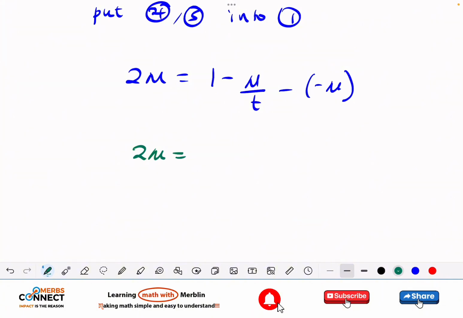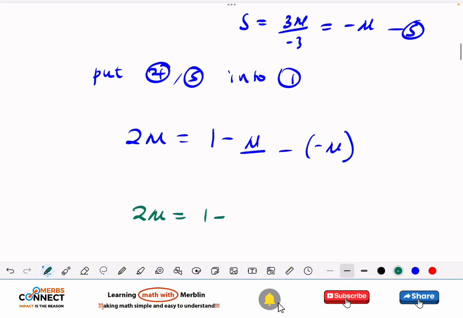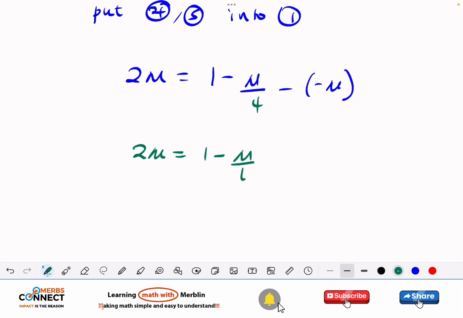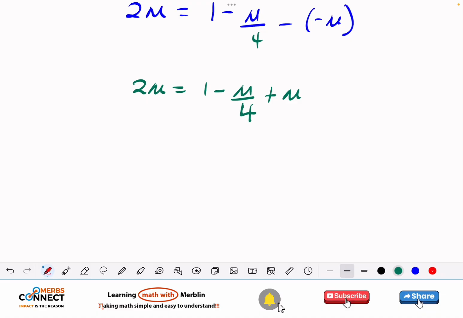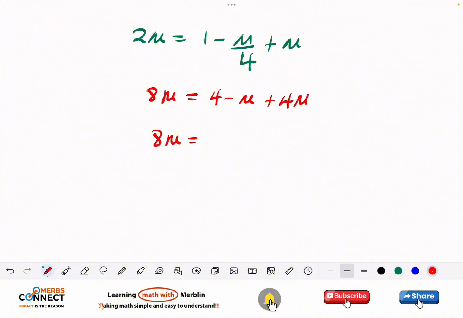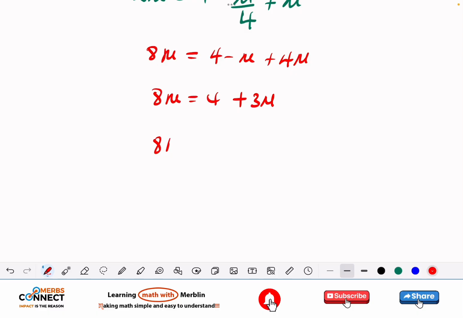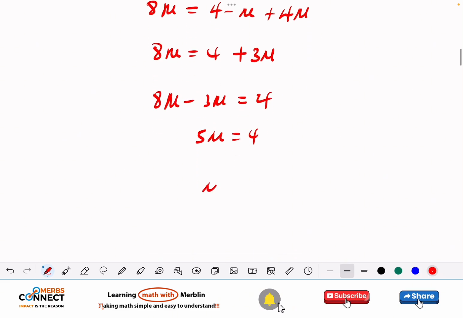So 2 mu is equal to 1 minus, oh, this one's supposed to be 4, then mu over 4 plus mu. So let me multiply through by 4. So I'm going to have 8 mu is equal to 4 minus mu, plus 4 mu. So 8 mu is equal to 4 plus 3 mu. When I move terms, I have 8 mu minus 3 mu is equal to 4, and then 5 mu is equal to 4. And then mu should be equal to 4 on 5.